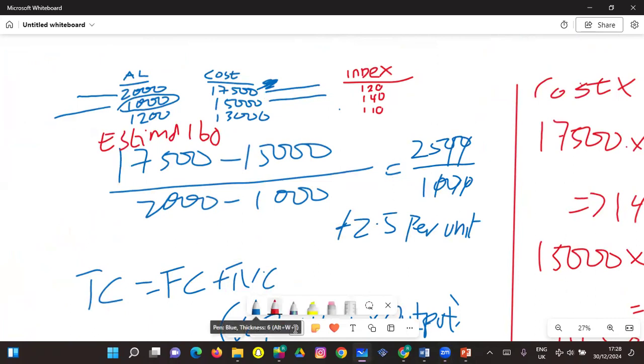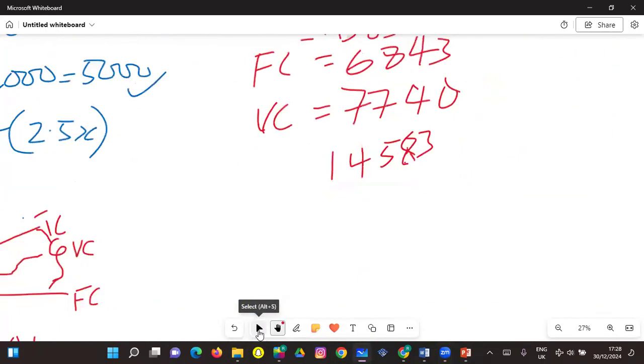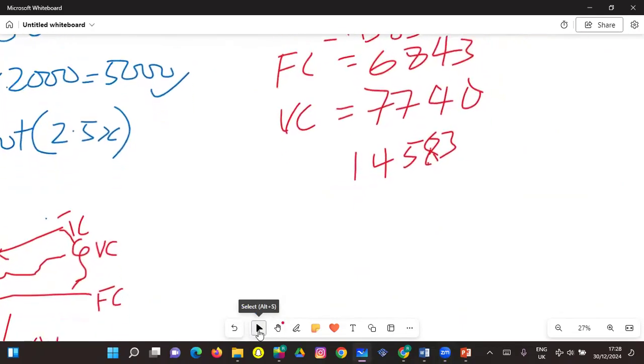Now, let's predict our new activity level, like our new variable cost. This variable cost is for the 2,000.